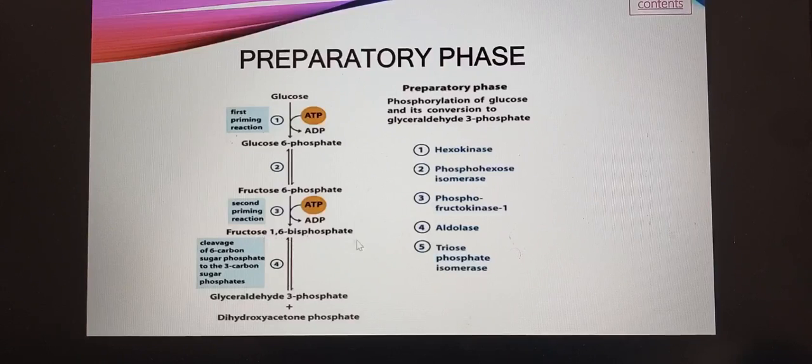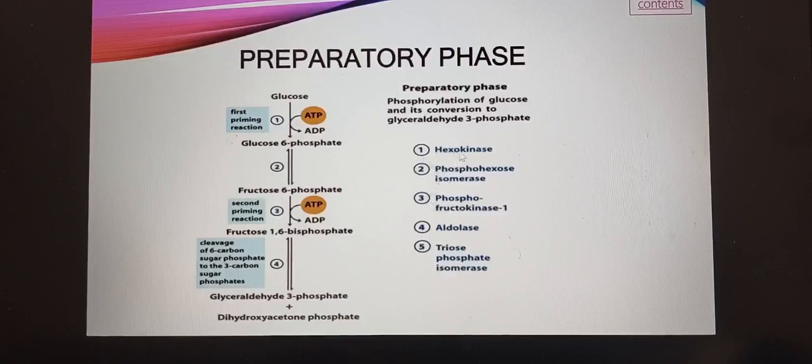Here we can see that the cleavage of the 6-carbon sugar phosphate into 3-carbon sugar phosphates is taking place. This is the whole process of the preparatory phase, and these are the enzymes that are used.